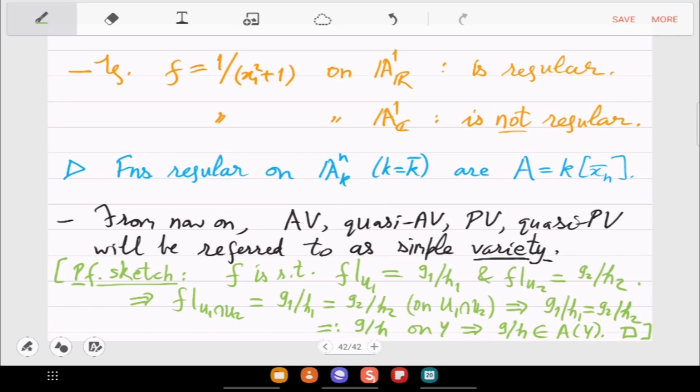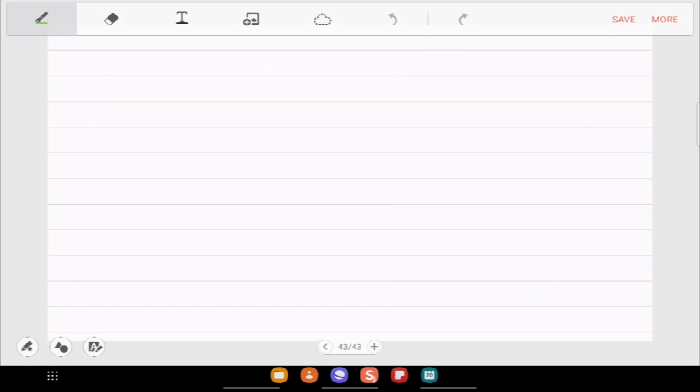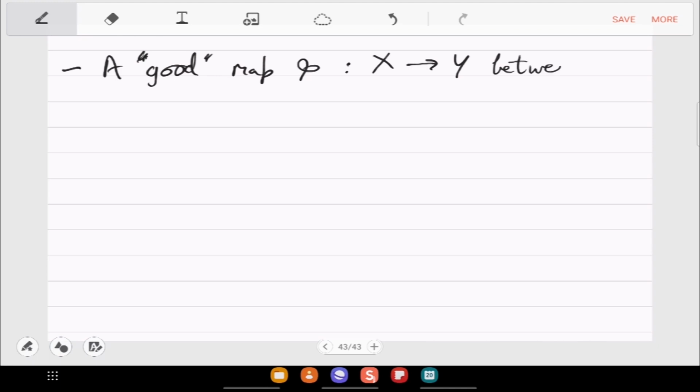I hope now you appreciate regular functions better. So this is the point where we move to morphisms. So the thing that we want is a good map phi between varieties which may be completely different.